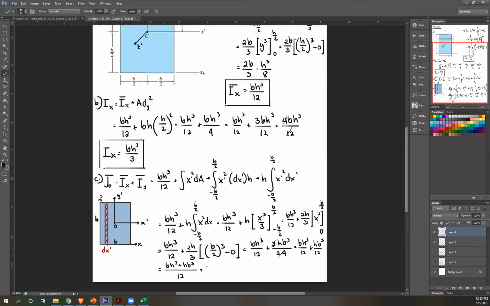Factoring out or simplifying this, yes, correct, John? Okay. Both terms have 1 over 12 and both terms have h and b. So this becomes 1 over 12 bh, or bh over 12 multiplied by h squared plus b squared. Okay, and that is your final answer.